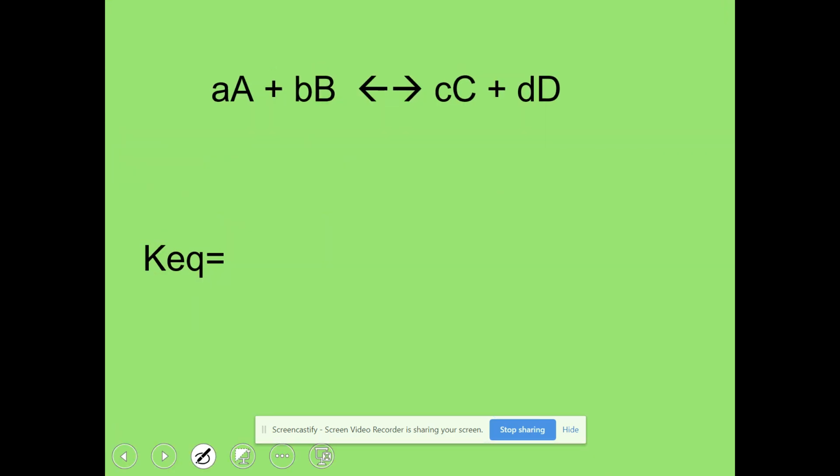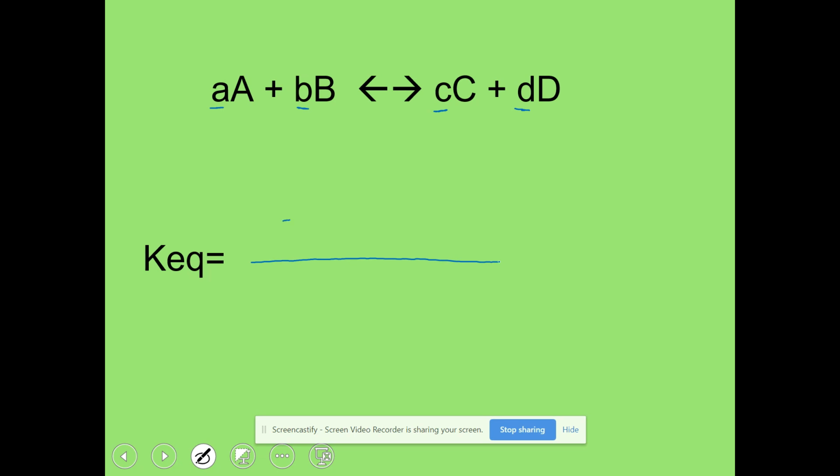So how do you write the expression for an equilibrium? Let's say this is our reaction, and the little a, the little b, the little c, and the little d, those are the coefficients. The big A, the big B, the big C, the big D, those are the reactants and the products formulas. So it's always the products over the reactants.